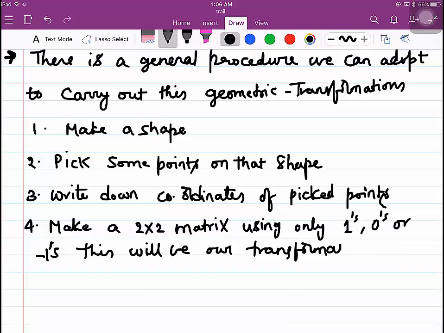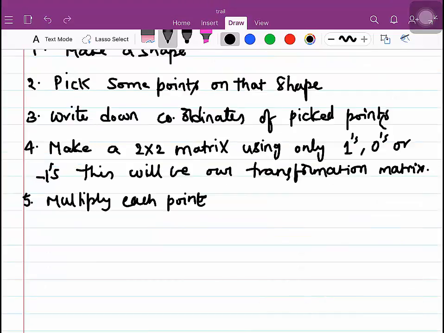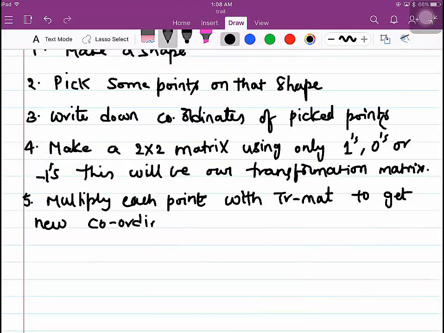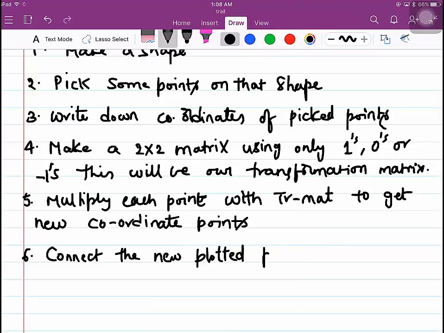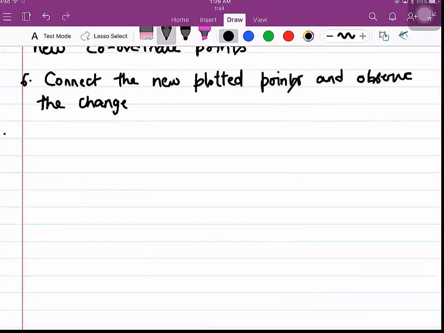We call this matrix the transformation matrix. With this matrix, we multiply all the points that we have taken from the shape, and after multiplication, we get some new coordinates for the points. We connect all these points plotted in a graph, and we observe the pattern that we have got.